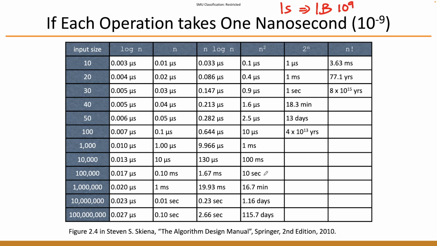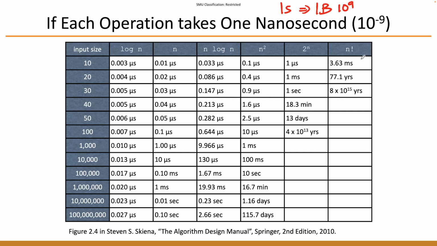Even with this kind of super fast computer, you can see that when you reach n squared, it's already quite slow, more than 100 days of solution time. And once you reach 2 to the power of n, the largest problem that you can probably still solve is about 50. N factorial is even less, right? When you reach 20, it's already 77 years. Definitely not practical. You can only solve a problem with an input size of 10 if your complexity is factorial.